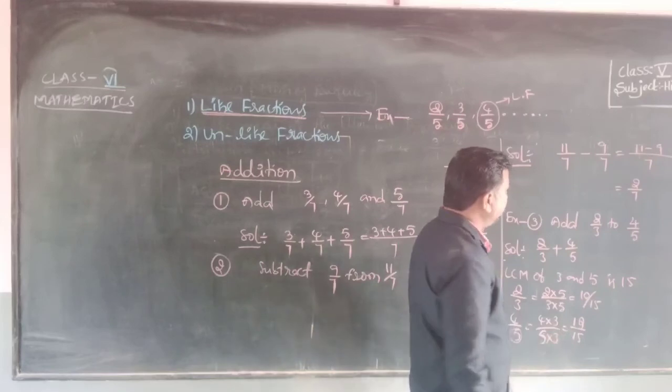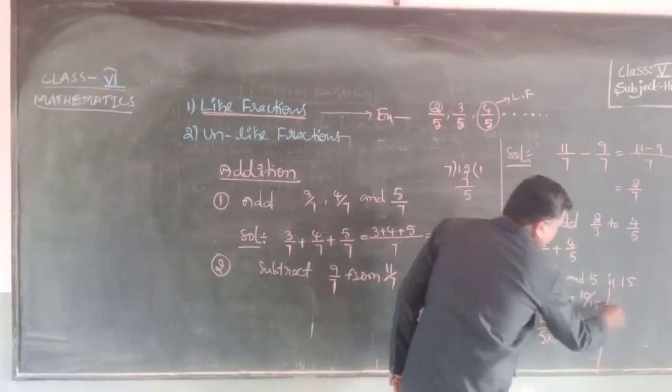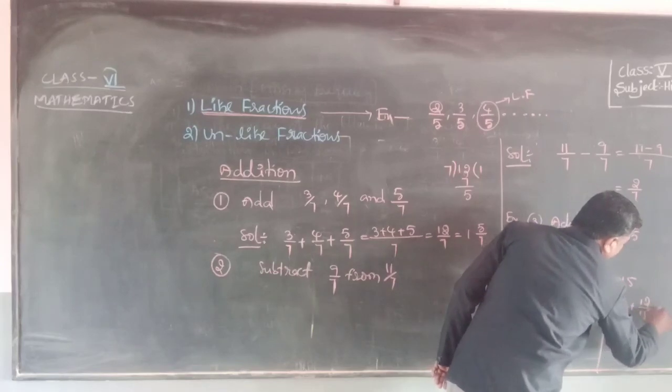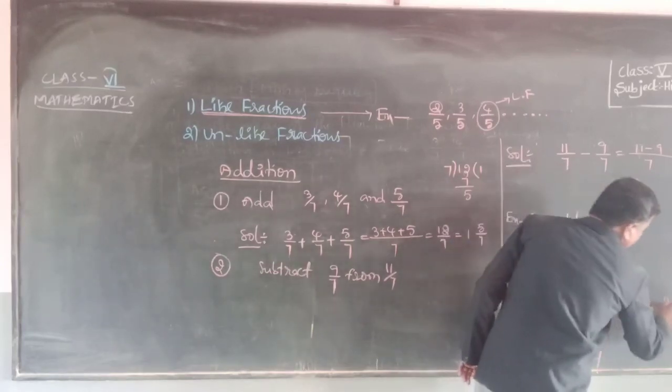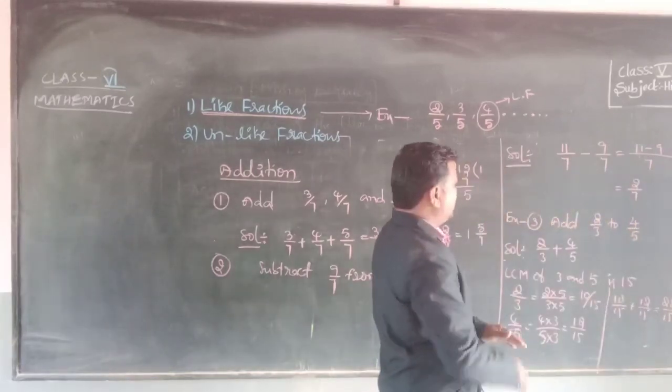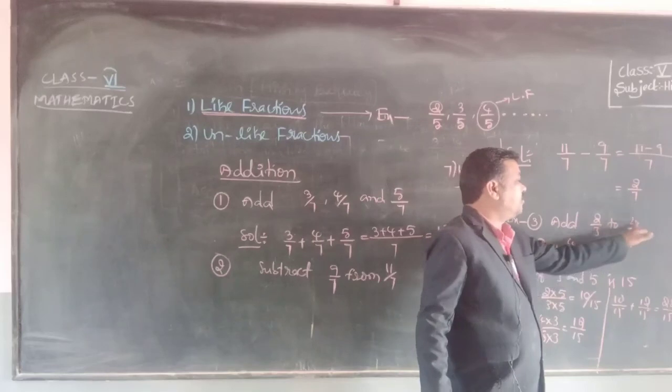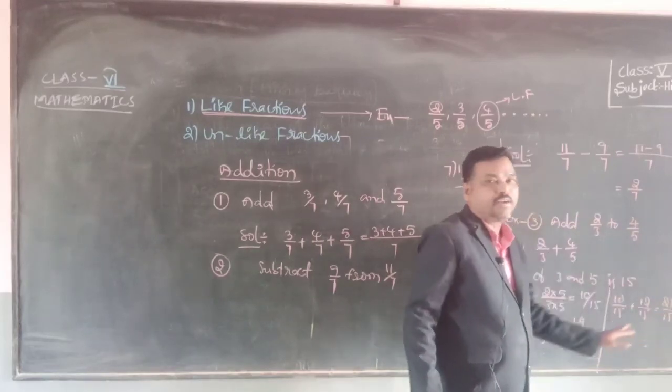Now we add: 10 by 15 plus 12 by 15 is 22 by 15. So the sum of 2 by 3 and 4 by 5 is 22 by 15.